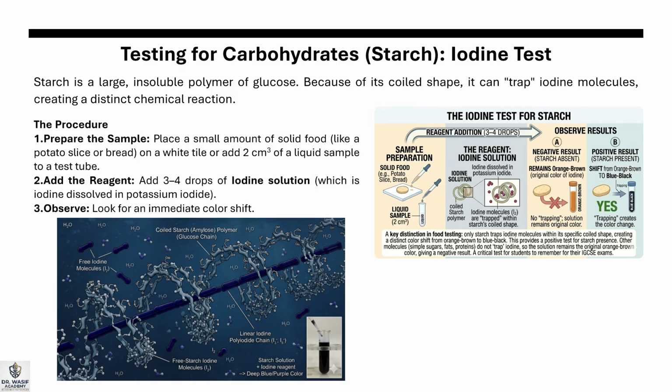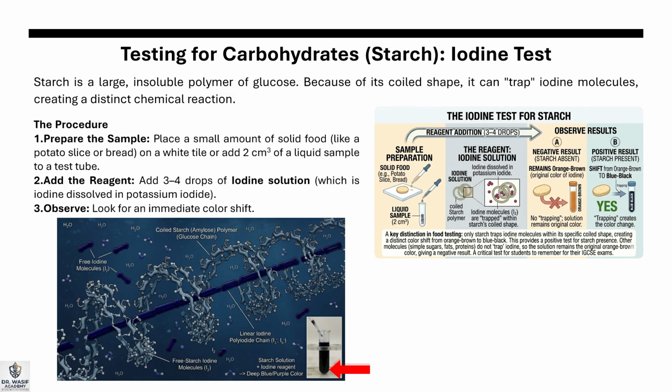The procedure is very simple. Place your food sample on a white tile or in a test tube and add 3 to 4 drops of iodine. If starch is present, you will see an immediate shift from orange-brown to blue-black. Remember this shift. If there is starch, then the color will shift from orange-brown to blue-black.